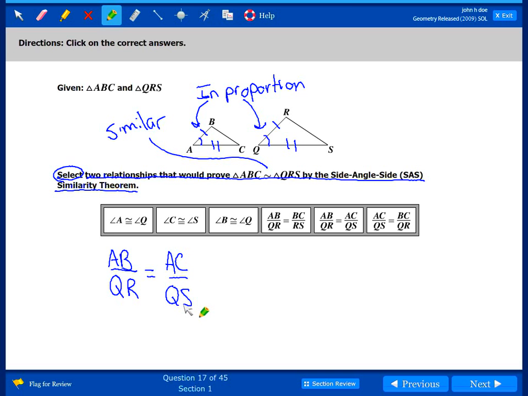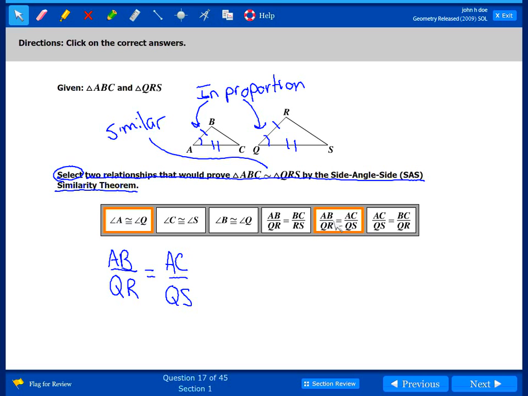I would need those sides to be in proportion. So do I have that anywhere? And I do see that if we do have A is congruent to Q, we have AB over QR is equal to AC over QS. So our answer came pretty easily to us with this.